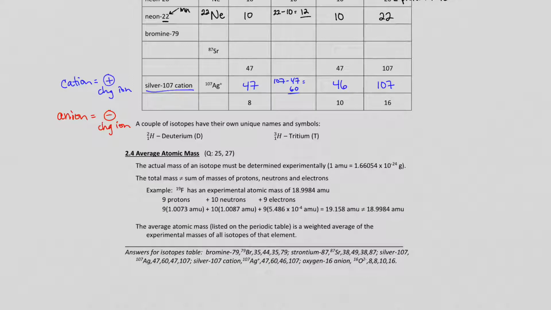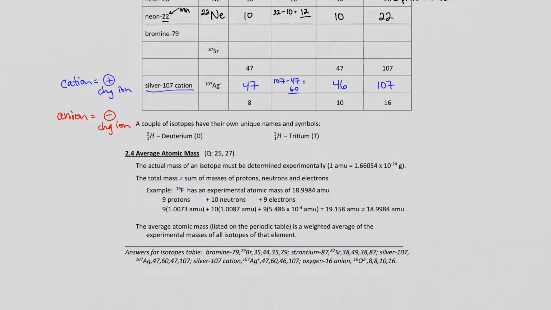And you're like, how did you get 15.999, and why is it not 16? It's 15.999 because of all the isotopes of oxygen that are out there. We do a weighted average, so we accurately reflect the abundance of different isotopes, and we arrive at the average atomic mass.